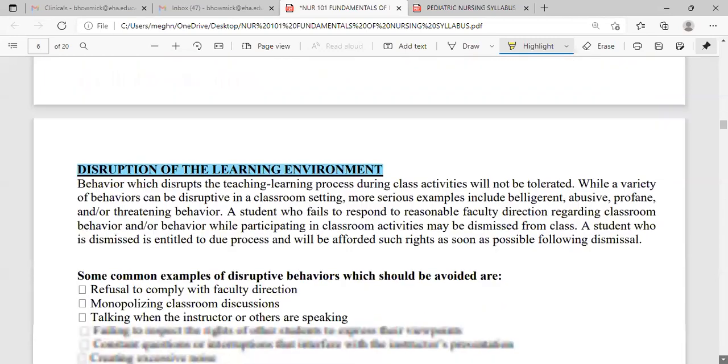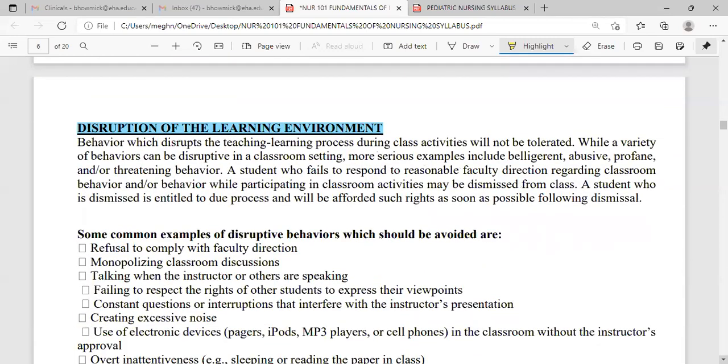Next, we are talking about disruption of the learning environment. Behavior that will disrupt the teaching and learning process during class activity will not be tolerated.